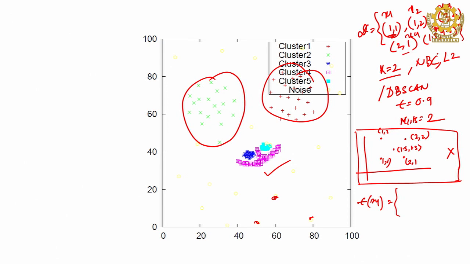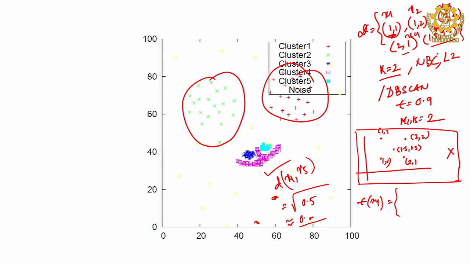And the distance from x1 to x5? I am not taking L1, it is L2 distance: square root of 0.5, which is root 2 over 2.